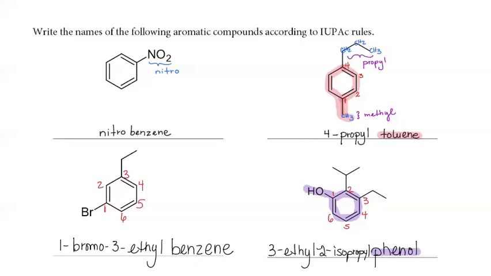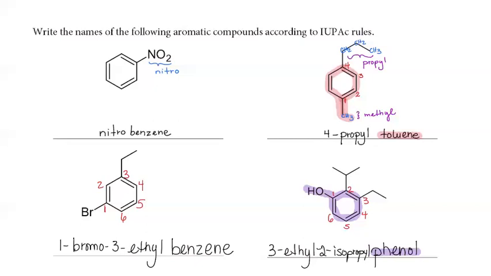If you have two substituents on your benzene ring, then alphabetical order tells you which carbon gets assigned carbon 1, and then clockwise or counterclockwise, you number the benzene ring to give the second substituent its location.